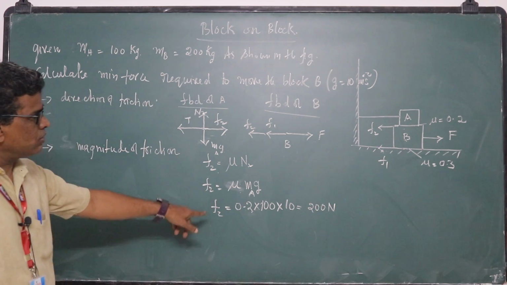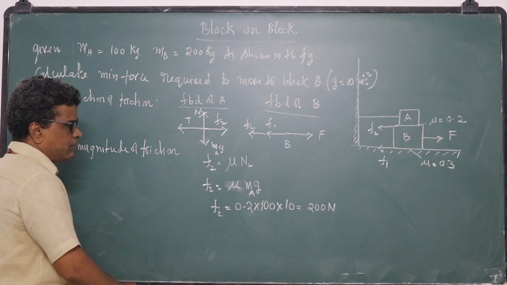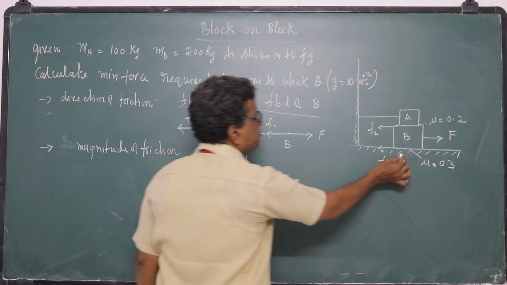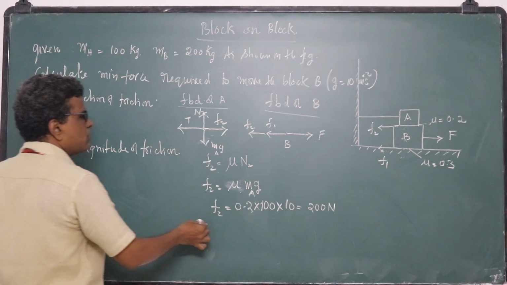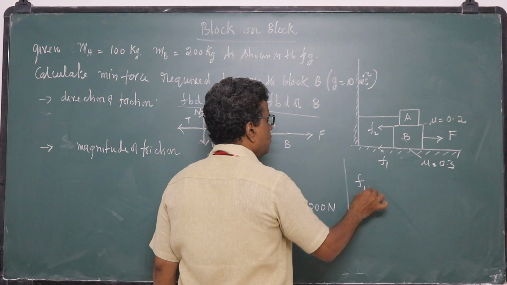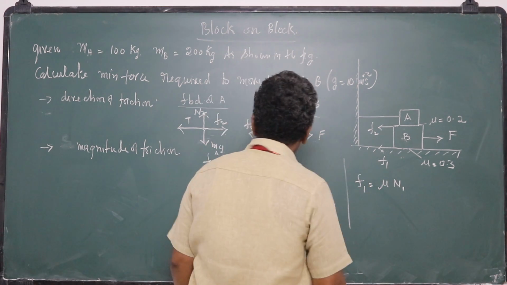So the frictional force between A and B is 200 newtons. Now I want the frictional force F1 between B and the ground. So F1 is equal to mu N1. What is N1?